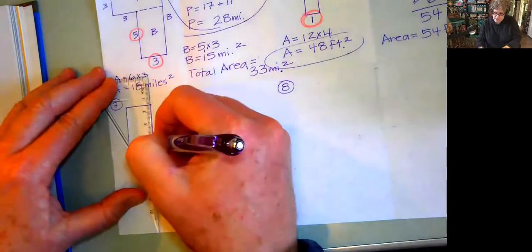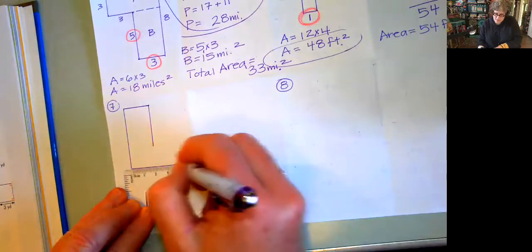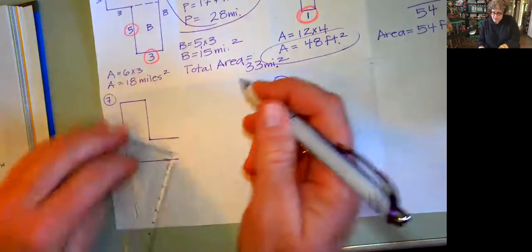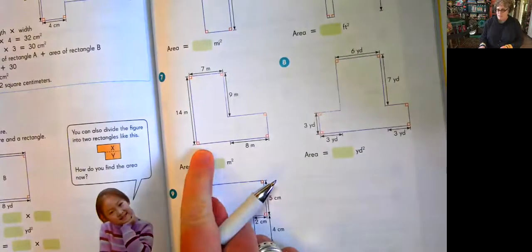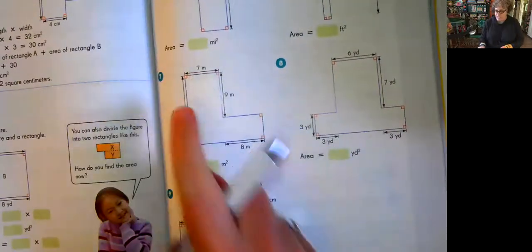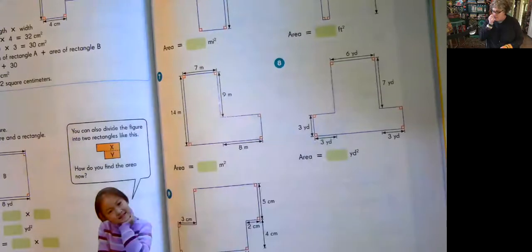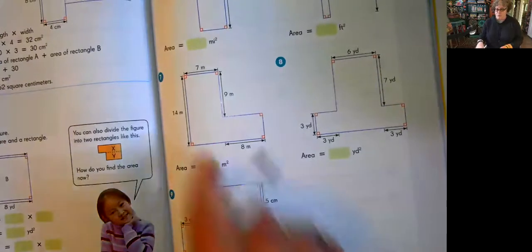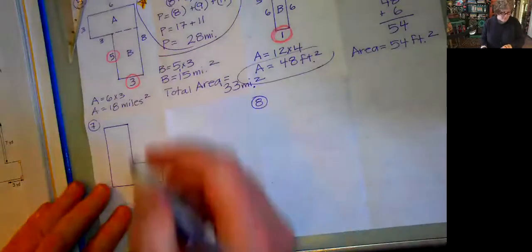I come down here, I'm going across, and I have an L. So this is what I'm drawing. Here's number 7. 7, 14, 9, and then we know part of this. We know this measurement. So we'll decide how we want to carve it up before we find the missing numbers, because we might not need to find all the missing numbers.